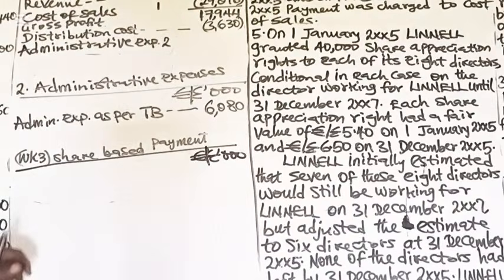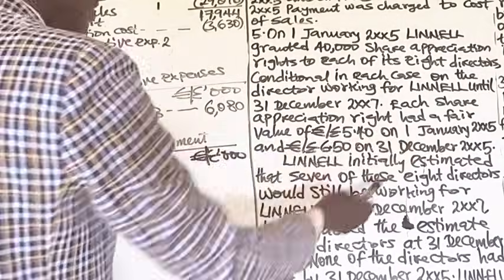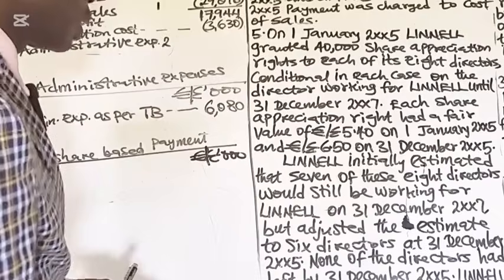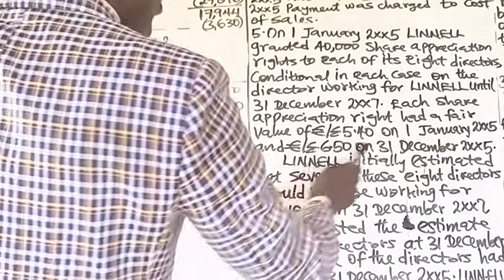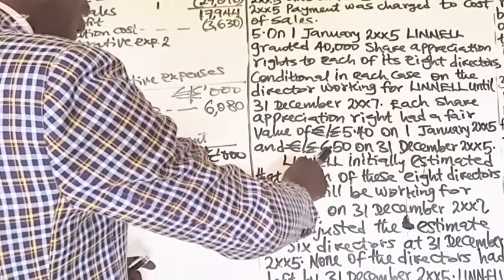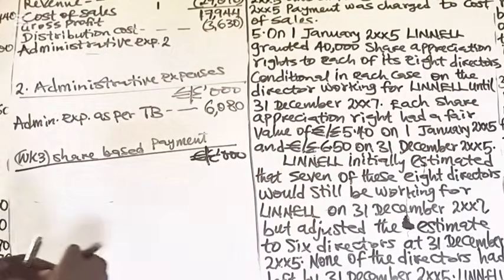No liability will be recognized on the 1st of January 20X5, therefore this figure will not be used. But as at the year end, you will recognize a liability to the tune of the fair value as at the year end.